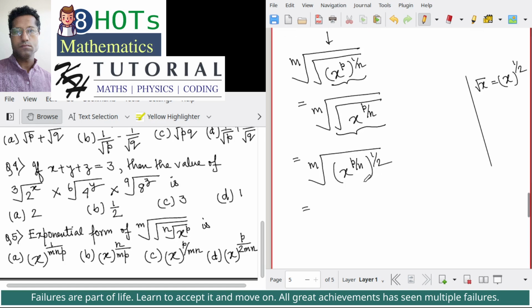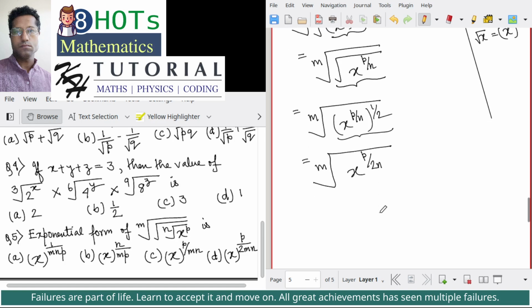Now let's simplify this exponential term by using the laws of exponents. The powers will get multiplied, and this becomes x raised to the power p by twice n.